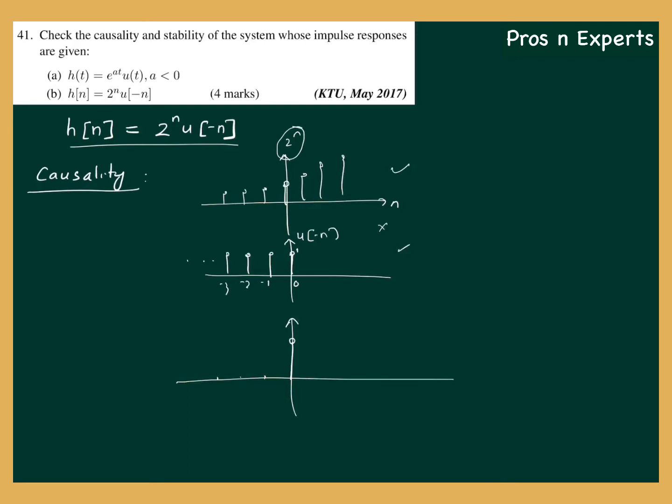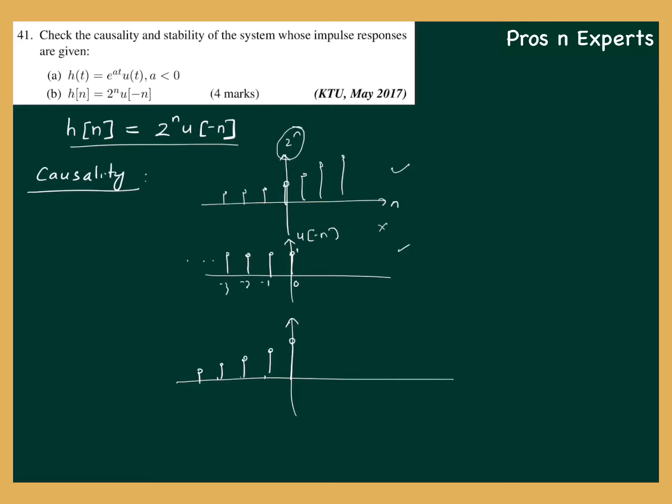So this signal is the same as the signal you get by multiplying with 1 all over the negative n axis.